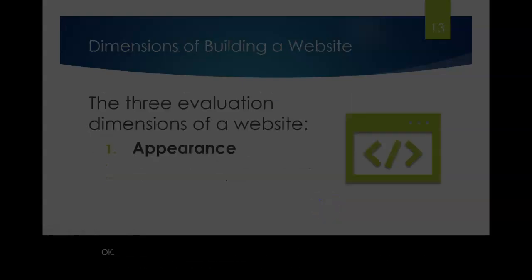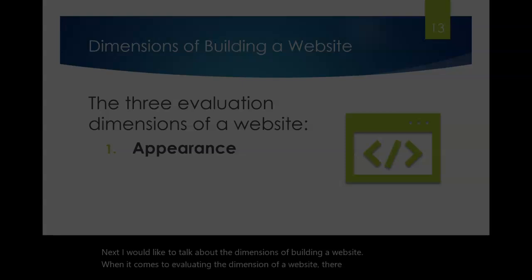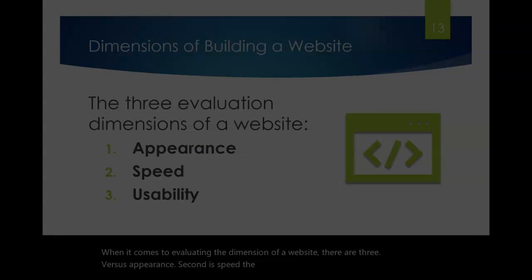Next, I would like to talk about the dimensions of building a website. When it comes to evaluating the dimensions of a website, there are three. First is appearance, second is speed, the third is usability.